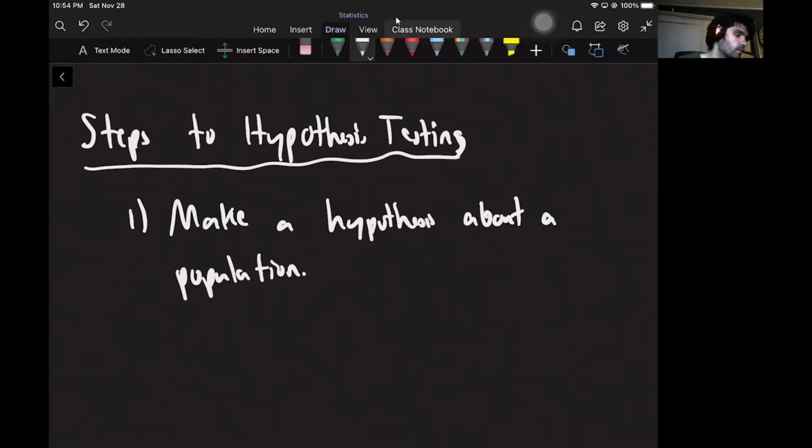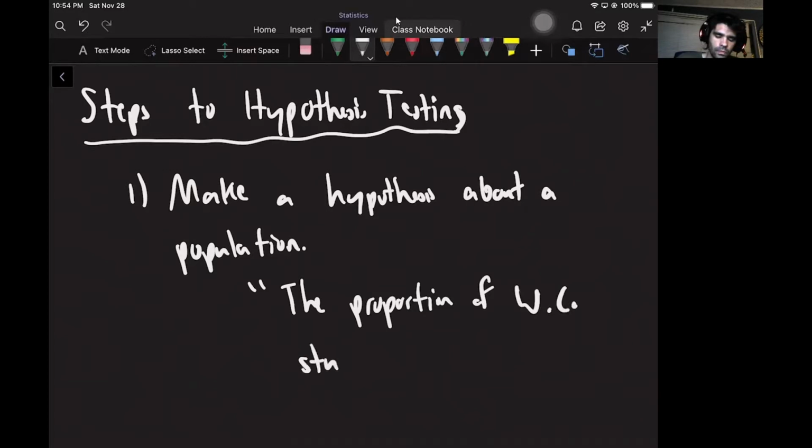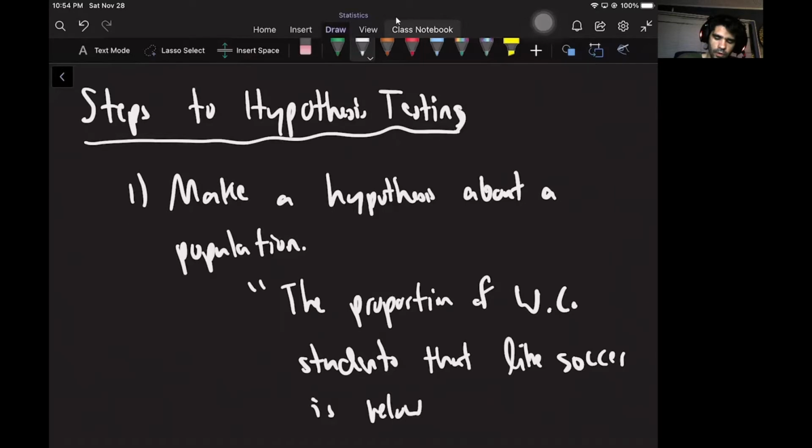So just using another example here, I could say something like the proportion of Whittier College students that like, I don't know, soccer is below 40%.